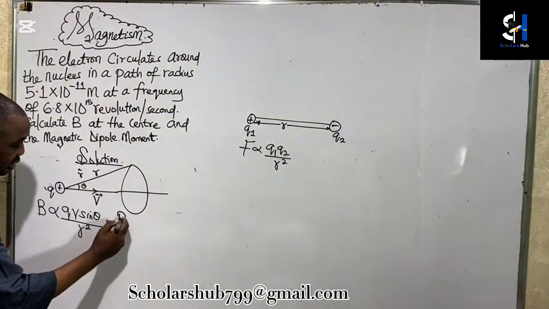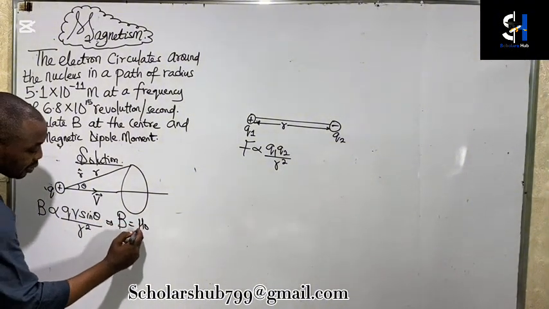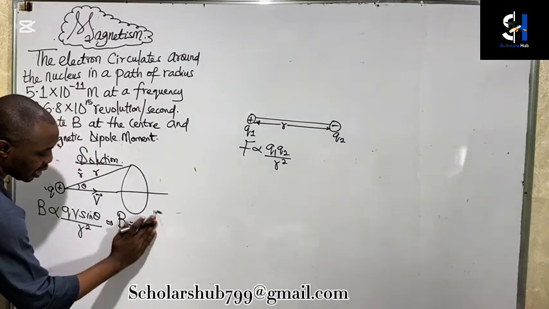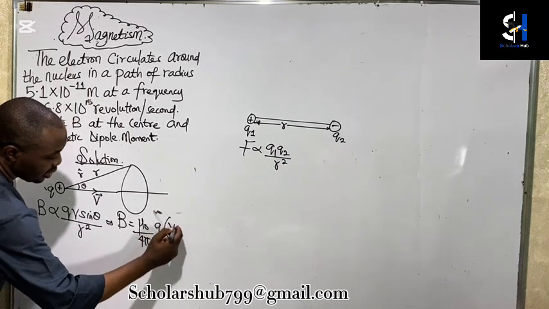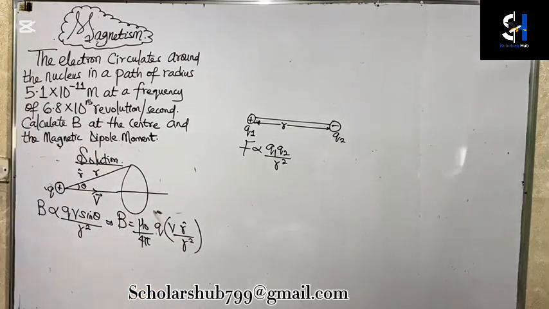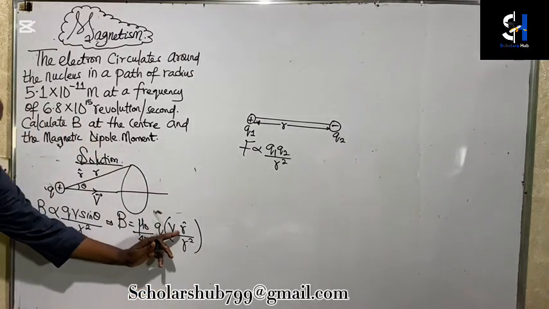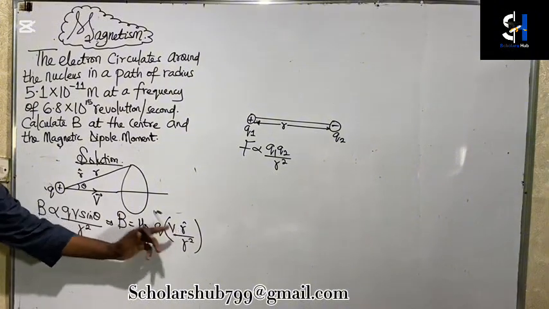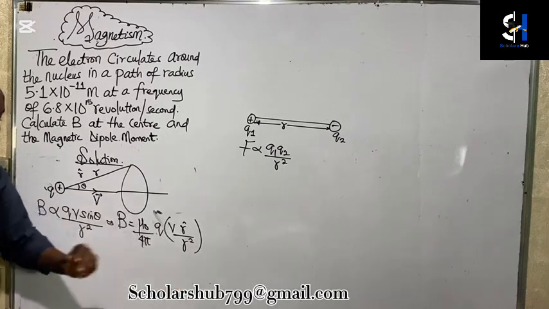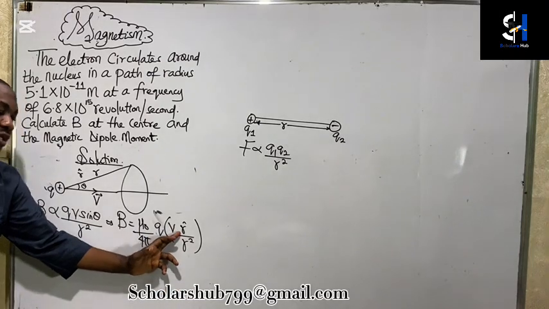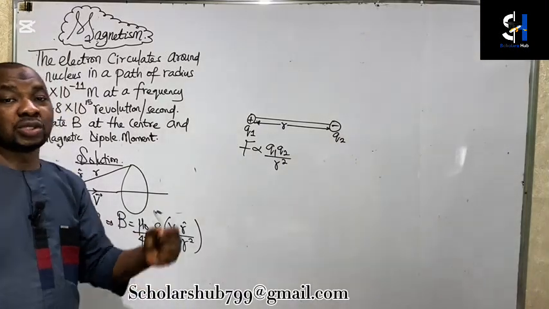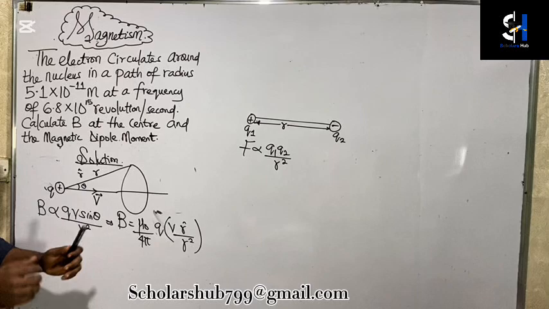We can write this as equal to the permeability of free space over 4 pi, multiplied by q v times r caret over r squared, where r caret represents sine theta. Don't forget that this r is the vector that points away from the charge to the point where the magnetic field is formed.